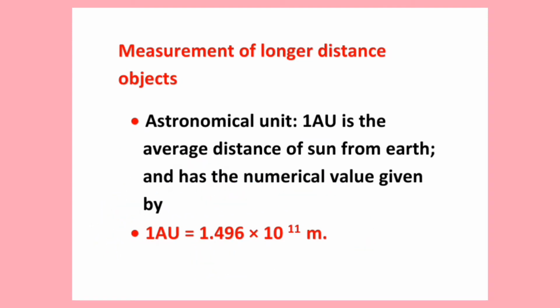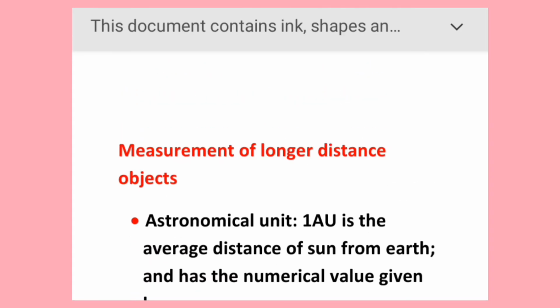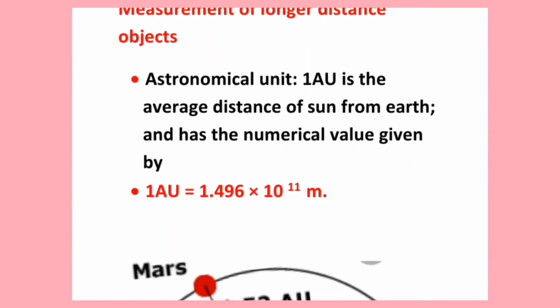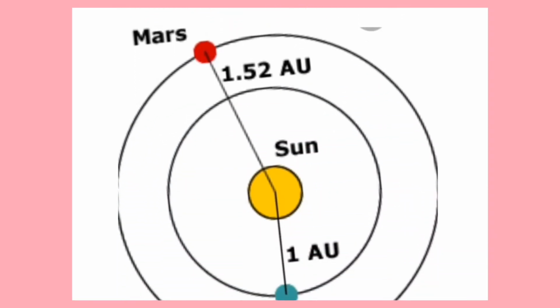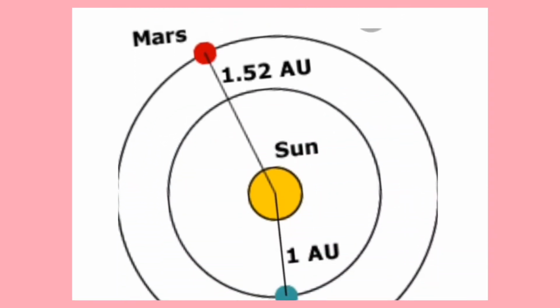So we can see in this image, from the sun, the average distance of the earth is called 1 AU. This is the base to measure the distance between Mars and the sun.